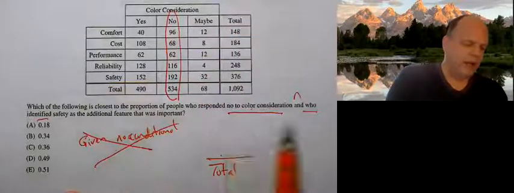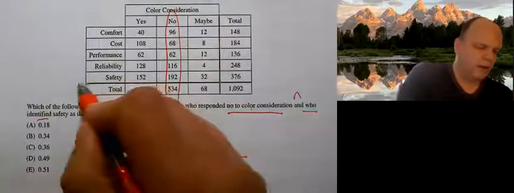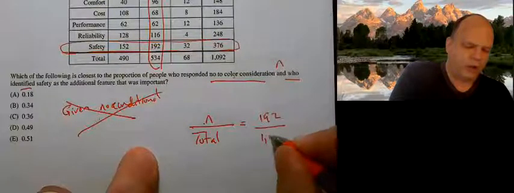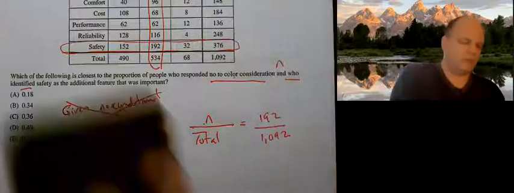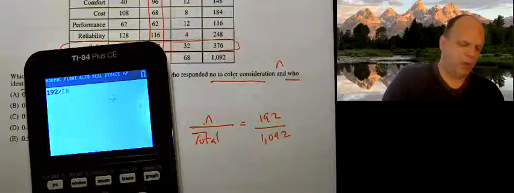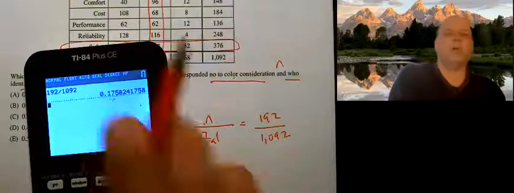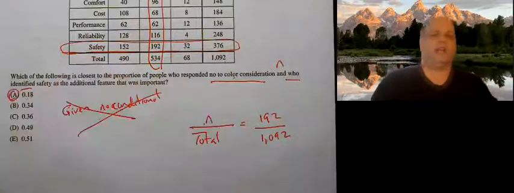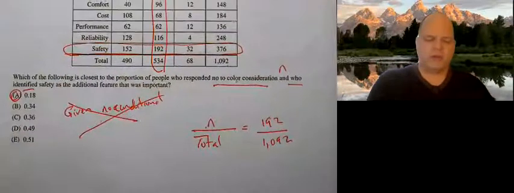In this case, my intersection is 192, and the total is 1,092. 192 divided by 1,092 equals 0.1758. Our closest answer, even though it's not exact, is A, which is 18%. Okay, so that's number 5.